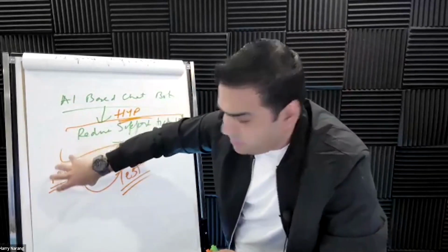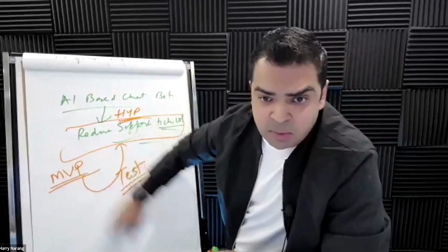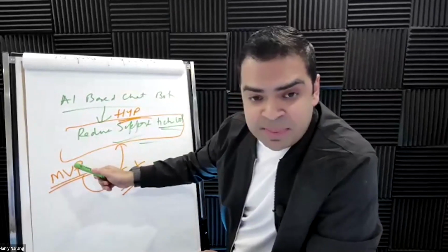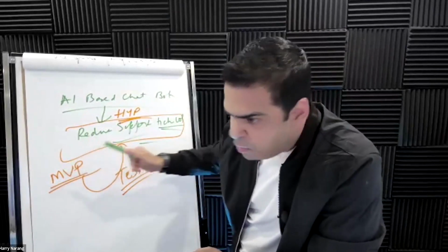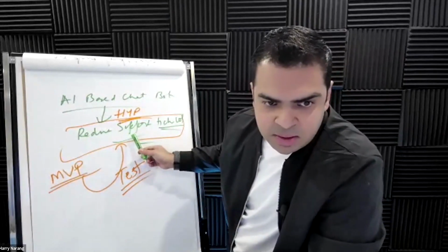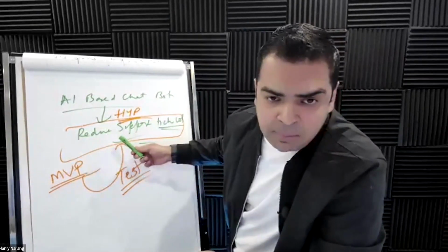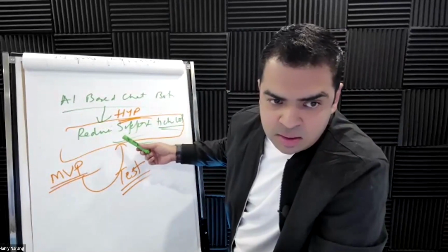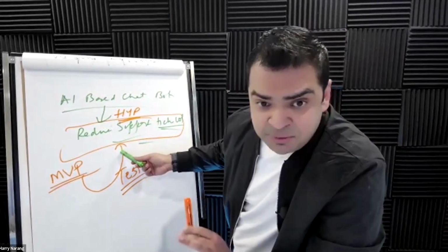And the formal textbook definition, again, something you want to write down, is that a minimum viable product is something that we build to prove or disprove our hypothesis. Or you can say test our hypothesis. That's the formal definition.